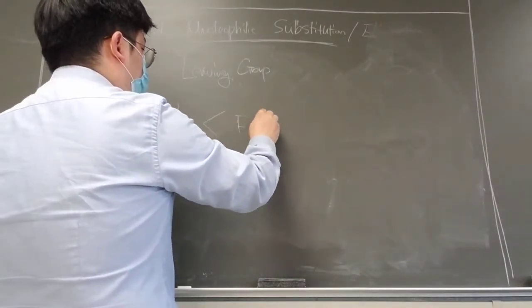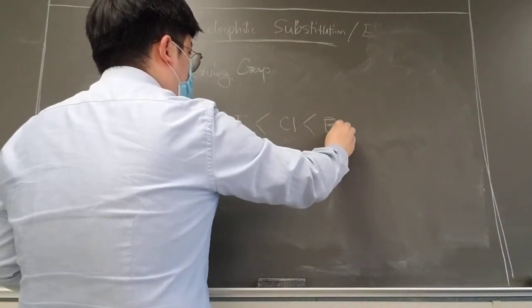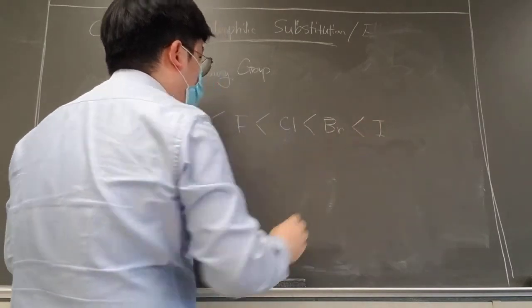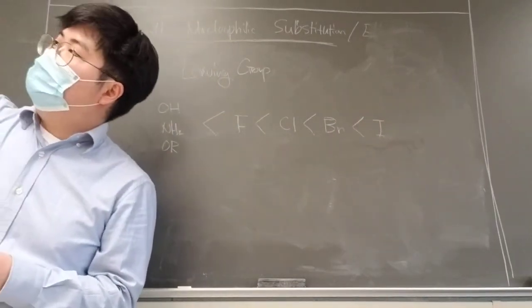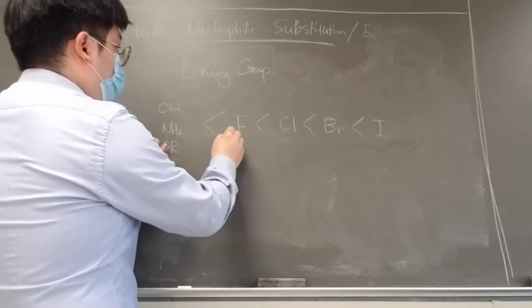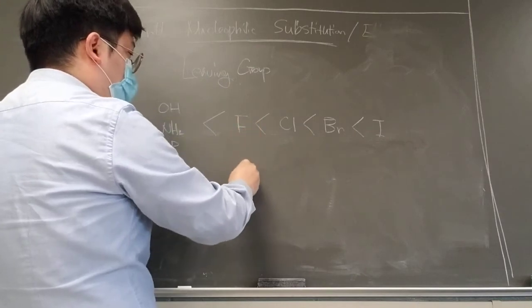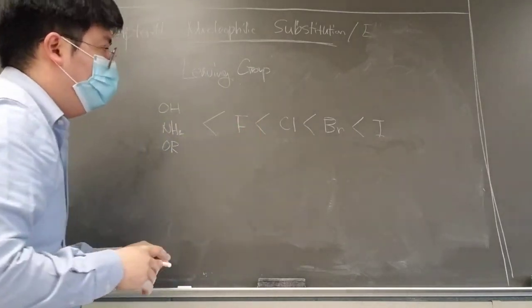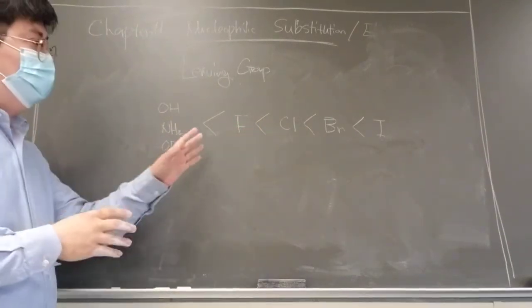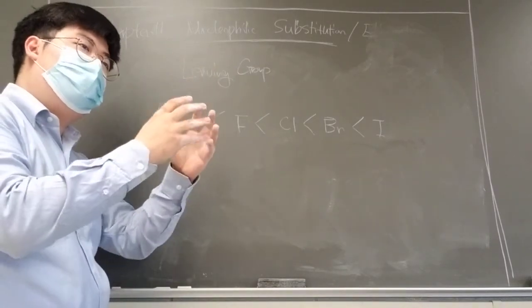And also it goes up as you go down the column in your periodic table. If you look at the column, you see the halogens, fluorine, chlorine, bromine, iodine, right? So it goes higher and higher as you go down the periodic table, simply because the size of the element is getting bigger and bigger.